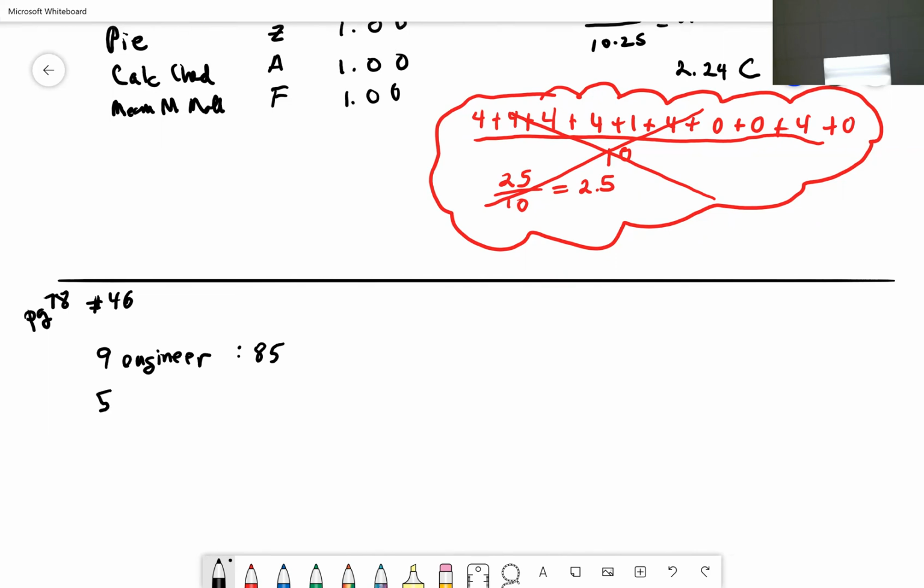The 5 math majors scored an average of 90. And the 13 business majors, obviously they scored the lowest, 81. So now, could you please do the mean for that?